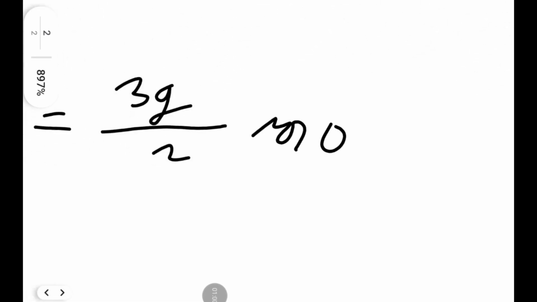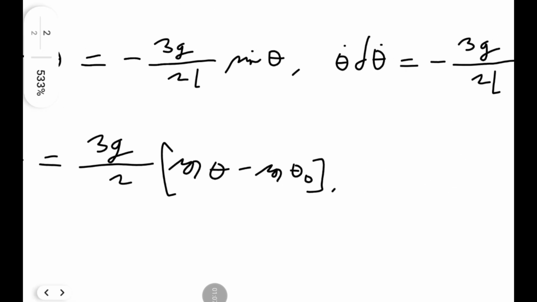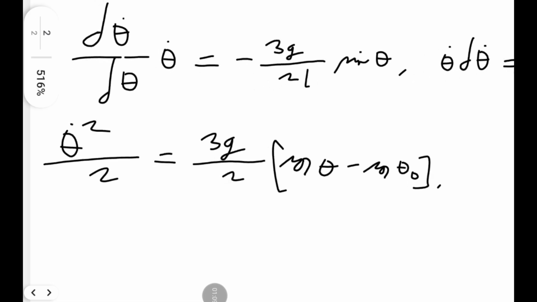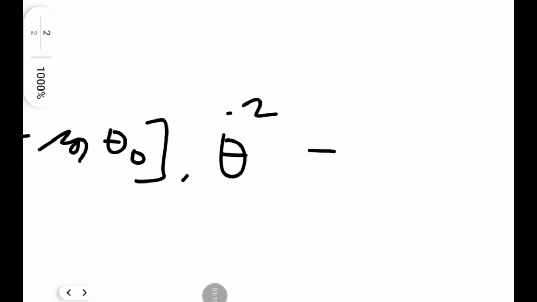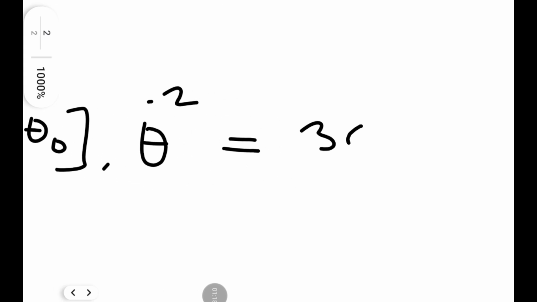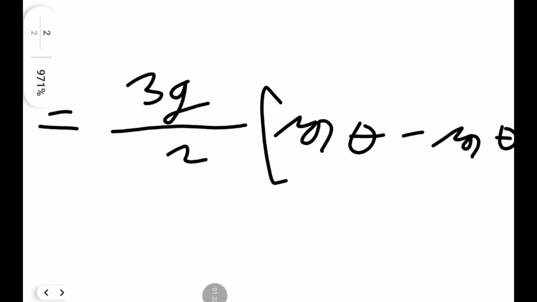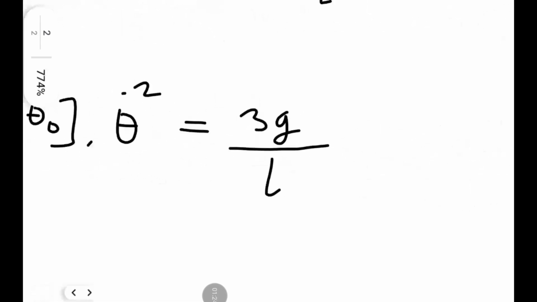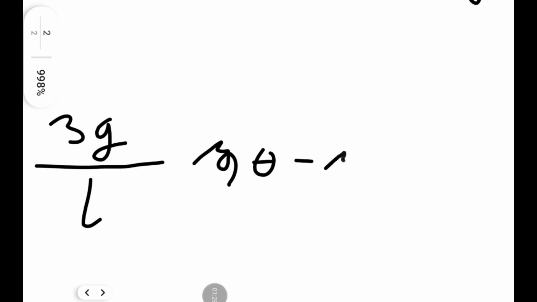Cosine of theta minus cosine of theta 0, and that is the equation now for the acceleration, sorry, the angular velocity. We can simplify it a little bit: theta dot is equal to 3g over, should be 2l, sorry, by the way, 2l over l, cosine of theta minus cosine of theta 0.